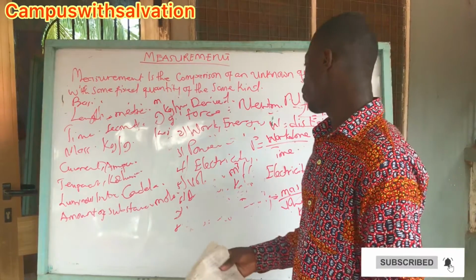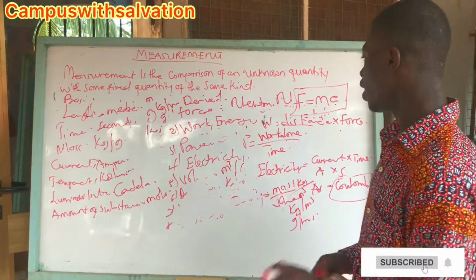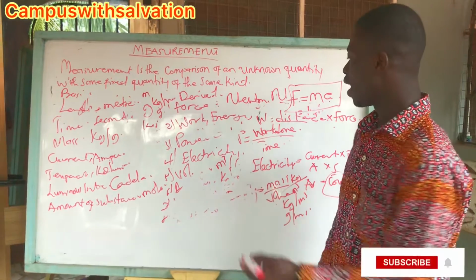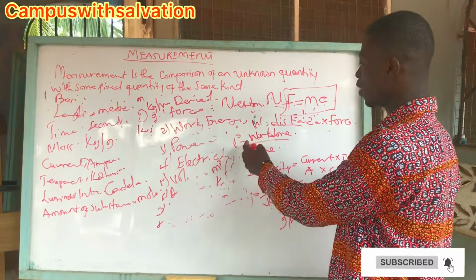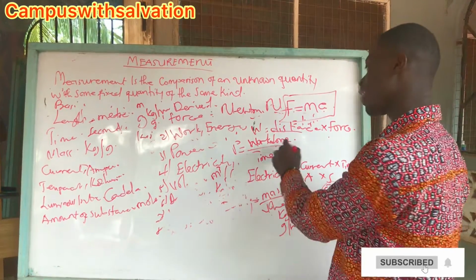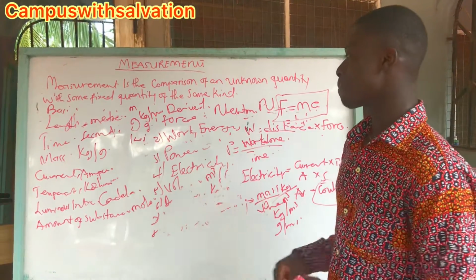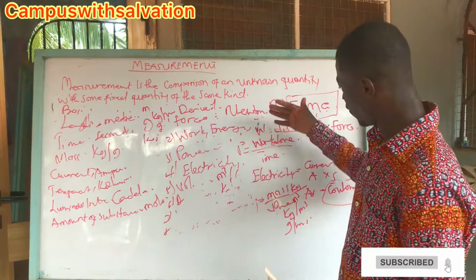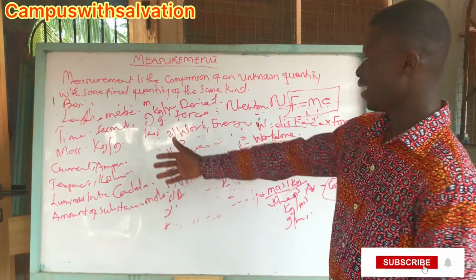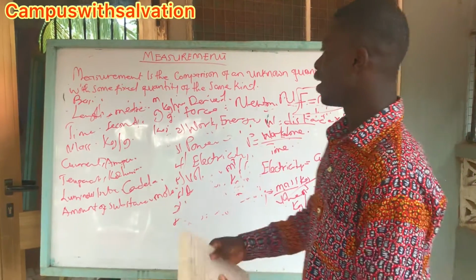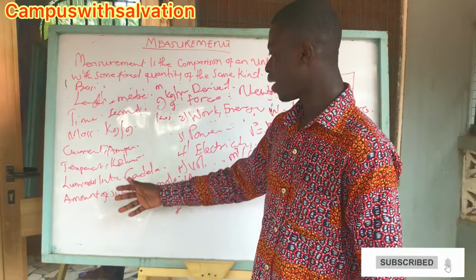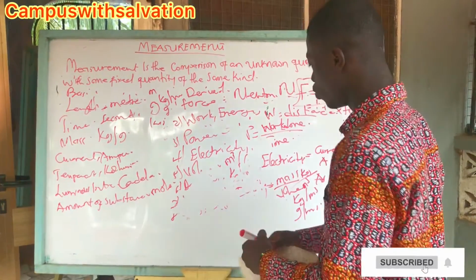Let's look at the example of power. We combine work done over time before we were able to obtain power. Let's look at something like amount of substance, which is mole.